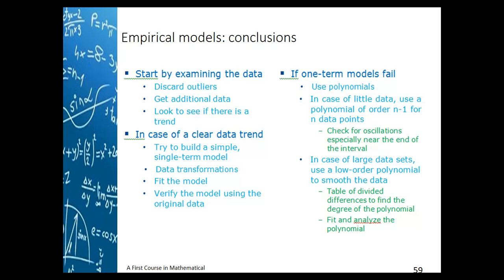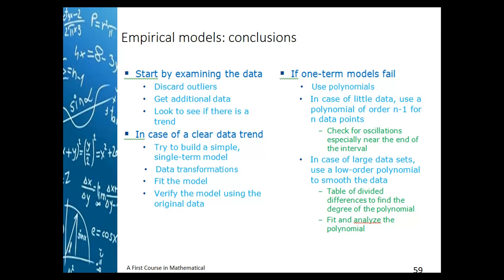But if you are not able to do just that, then you have no other choice. You use your polynomial. If you have very little data, see how it goes. If you have large data, see how it goes. If able, you should choose a low order polynomial, easier for you.